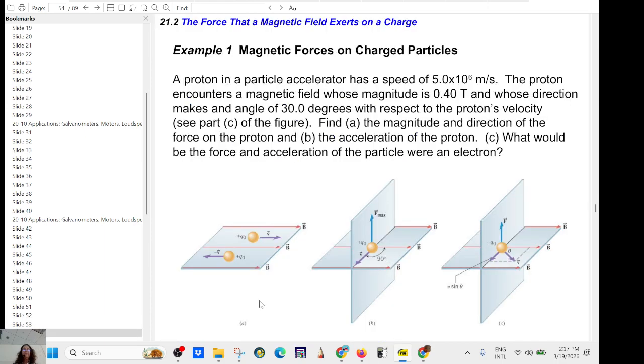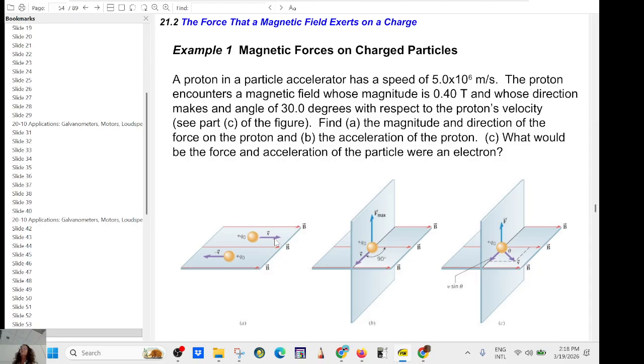Okay, so for example here, I don't have my tablet, so we'll have to manage the old tech way. You have a magnetic field this way and the charge is moving in this direction. Do you have a magnetic force? Are you sure?